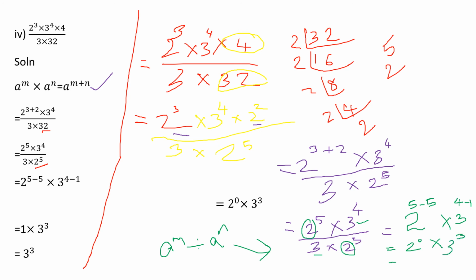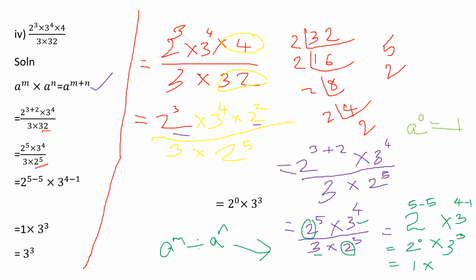Right? So 2 power 0. A power 0, do you remember this formula, children? A power 0 is equal to 1. So any number, if the power is 0, the value is 1. So 2 power 0 means 1.